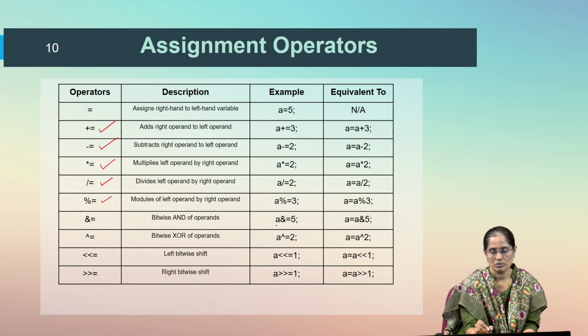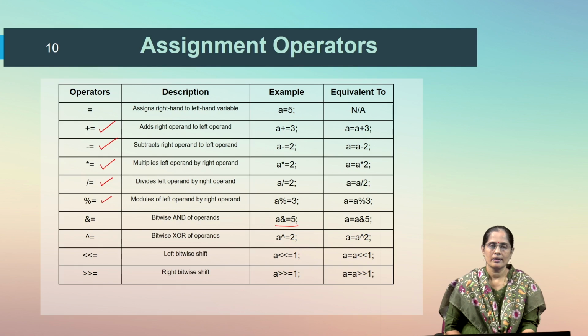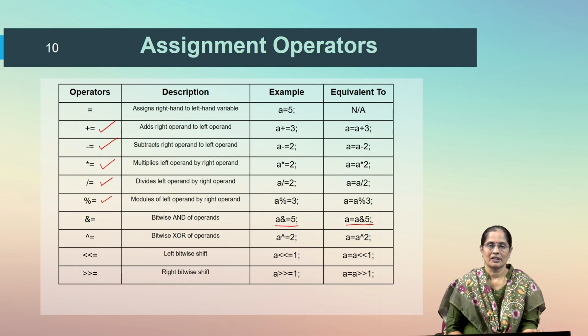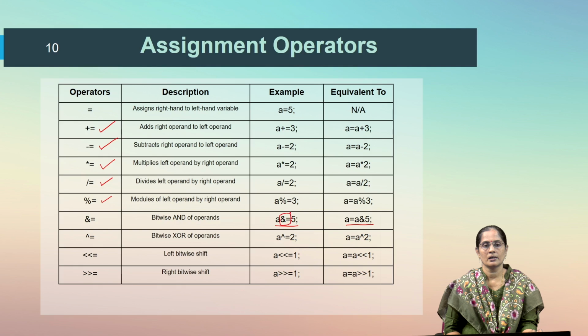So, if I use ampersand equal to, ampersand is a bitwise operator which is used to perform bitwise AND operation with two integer values. So, this can be rewritten as a equal to a and 5, which can be written using the shorthand assignment operation ampersand equal to.